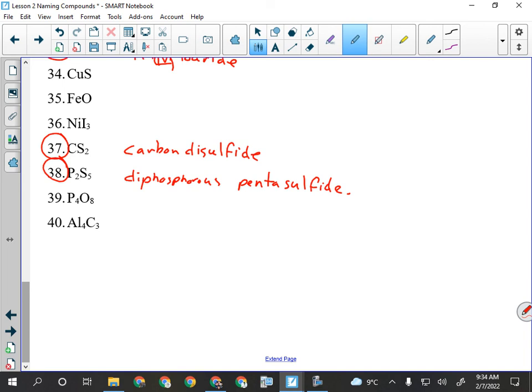Okay, so here's the thing about naming, guys. Naming is the fundamental skill you need for chemistry. If you cannot write names or chemical formulas, it will snowball from here. Okay? Because if we can't write names and formulas, then we can't write chemical reactions. We can't balance chemical reactions. We can't predict chemical reactions, and we can't do mole equation calculations. Okay? Like, this is learning to walk for chemistry.